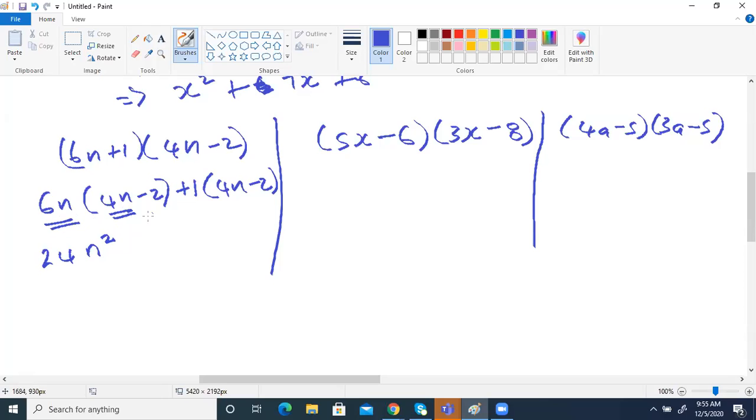And then 6n times minus 2 is minus 12n. Then we'll go again. So this one's simple now. This one times everything. So you get back the same thing, right? 4n. And then now we simplify. So we put the 24n squared. And then this becomes 8n minus. Ah, so that's where I mixed up. I found out where I went wrong.